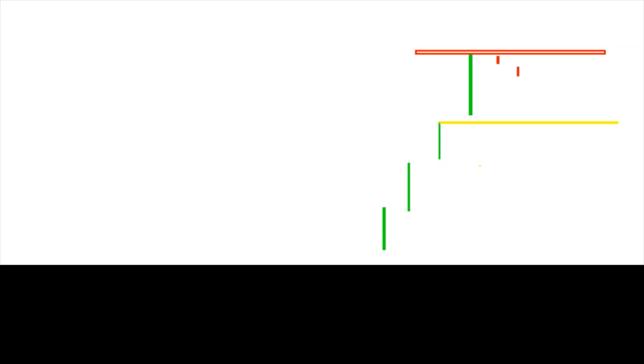This is target 1, target 2, and target 3. In some cases, these candles will have base candles.